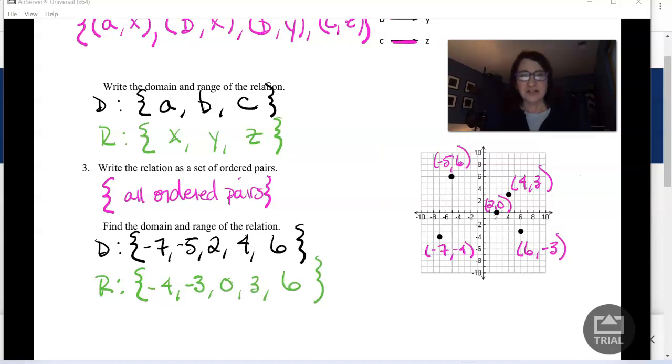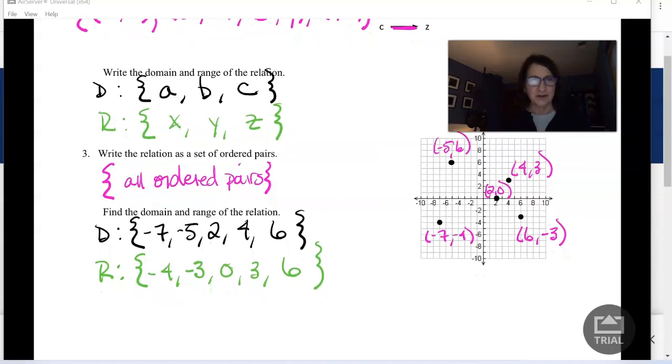So the question is, do you have to write them in order, each of the members from smallest to largest? No, you don't. The members just need to be present. But just out of habit, I generally write them that way.